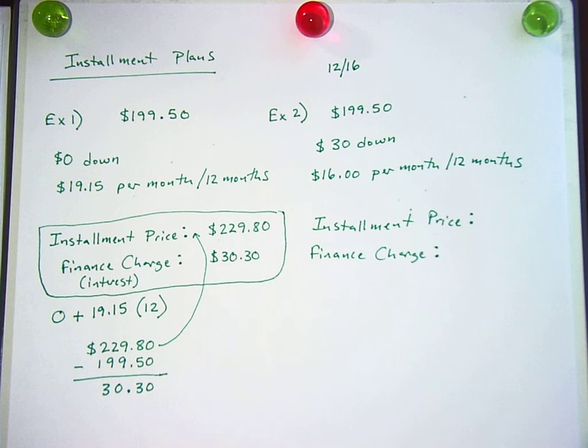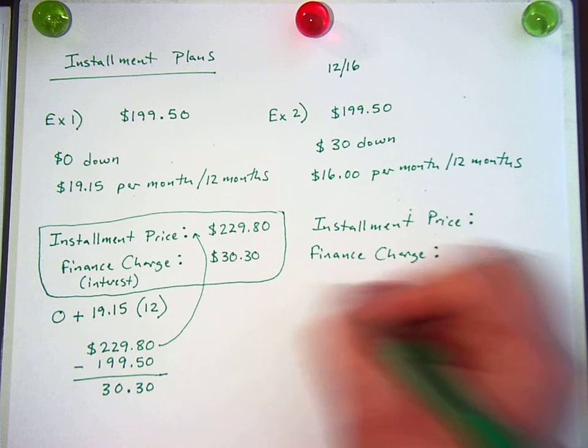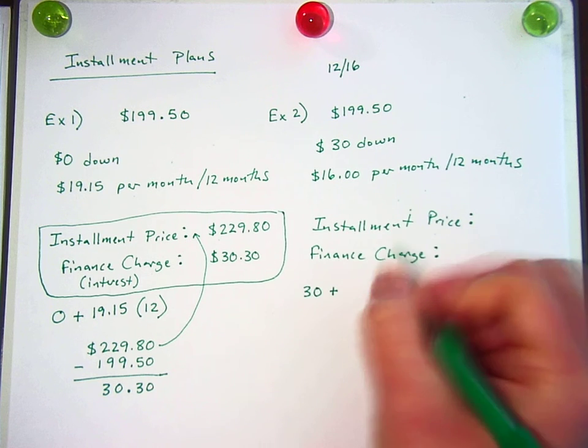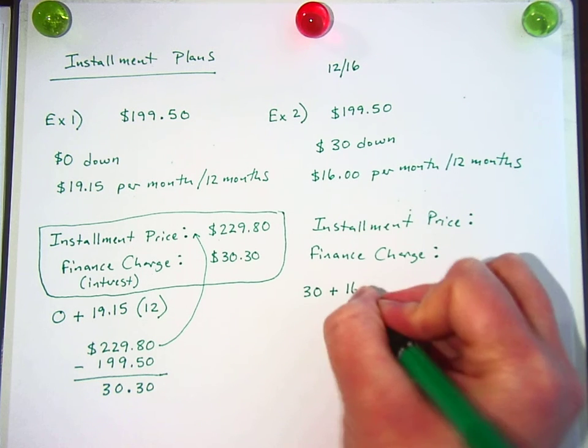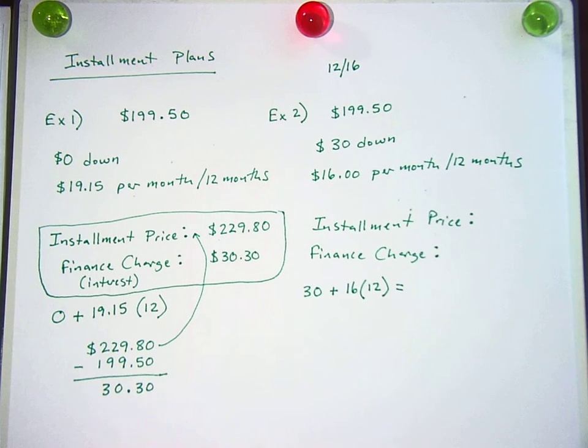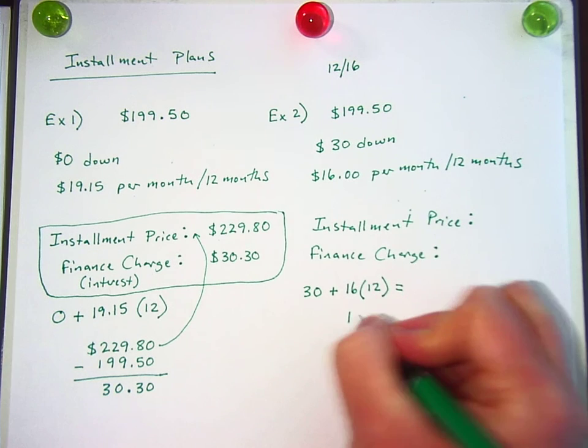Now, on the second one, you paid $30 down, and now it's only $16 per month for 12 months. So your installment price is taking that $30 that you paid, and then $16 times 12, because you pay it for 12 months. So let's see, 16 times 12 is $192.